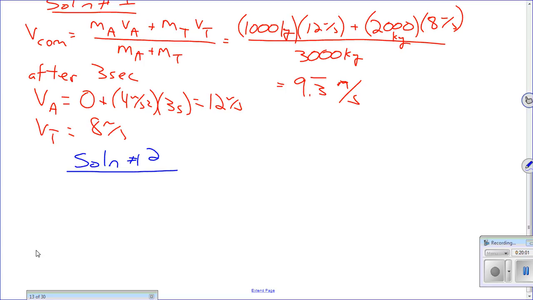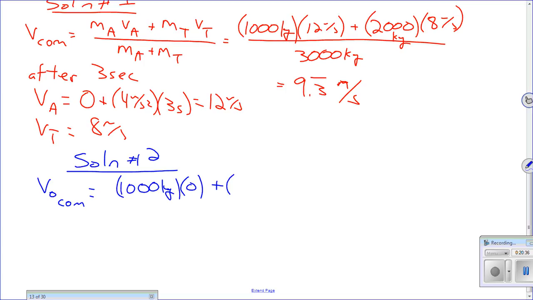All right, so let's find the initial velocity of the center of mass. Well, that would be the mass of the car, which is 1,000 kilograms, times the initial velocity of the car. What was the initial velocity of the car? 0, right?